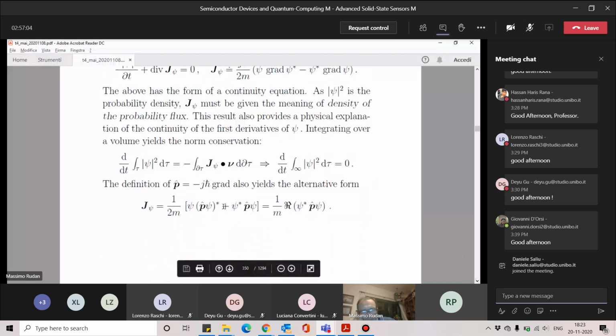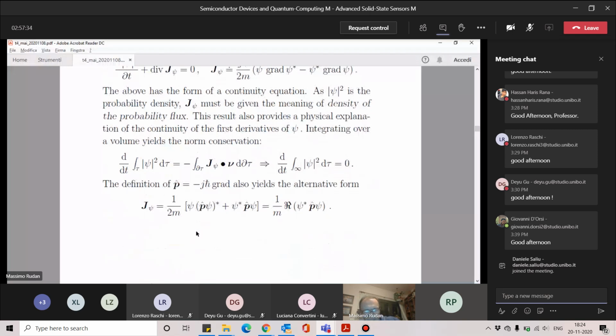You have psi star, momentum operator operating on psi, and here you have the momentum operator operating on psi, everything star, times psi. So you have two blocks that are, as you remember, one the conjugate of the other one.